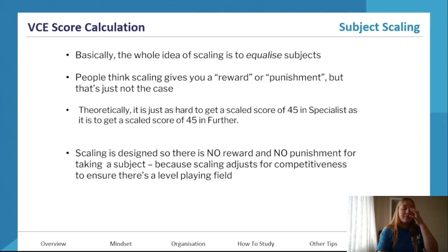But the way it works is it's supposed to make sure that you don't get rewarded or punished for doing a subject, and it's all equalized because scaling has adjusted for competitiveness. So it's ensuring that there's a level playing field in terms of all your study scores coming together to form your ATAR. No one is disadvantaged by how their ATAR is going to turn out because of scaling.